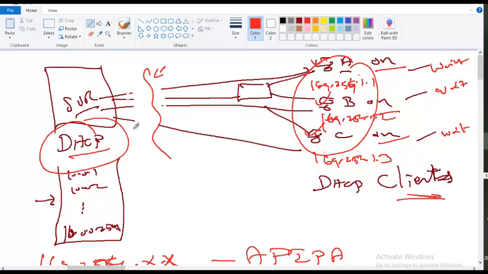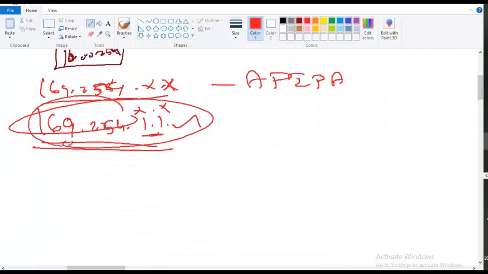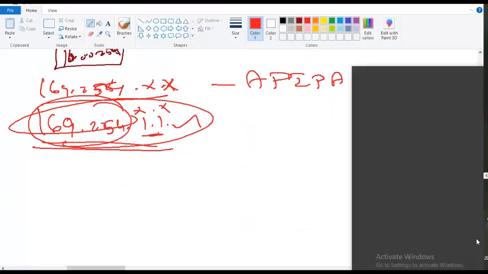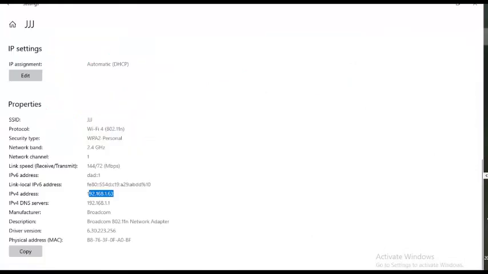Sometimes the problem may be that someone mistakenly switched off the server. The power is off. Go and switch it on. So whenever you troubleshoot a network and see 169.254 as an IP address instead of a valid IP address, then I am sure that the problem is with the DHCP server.